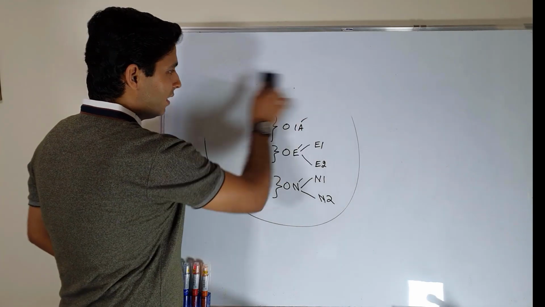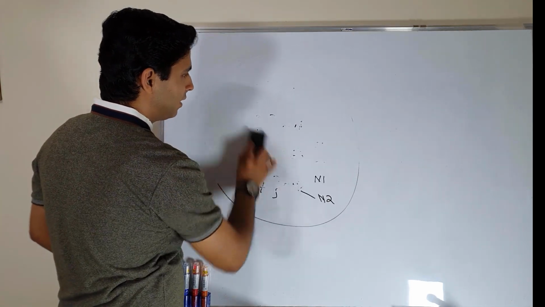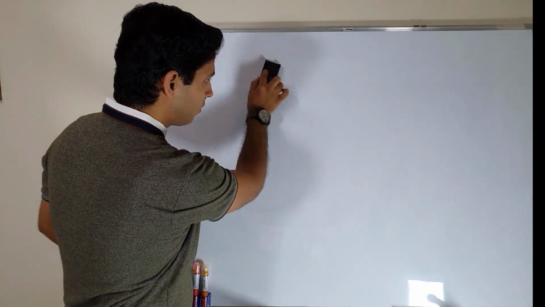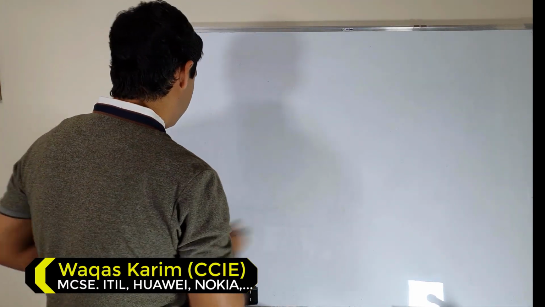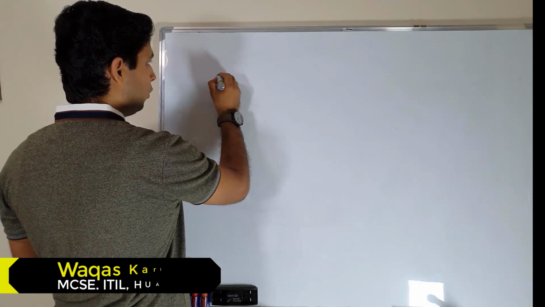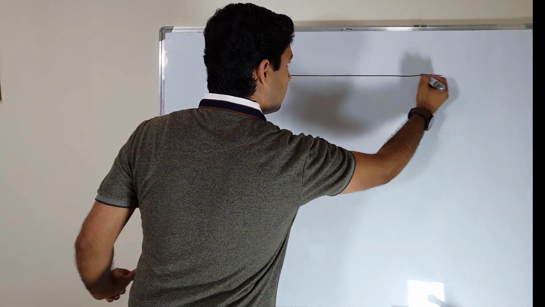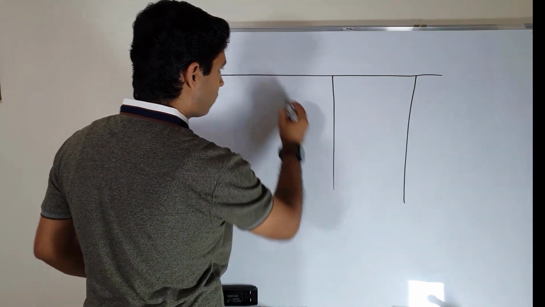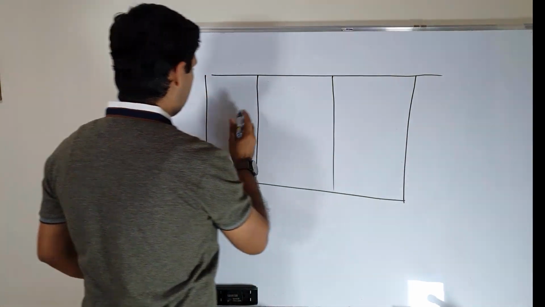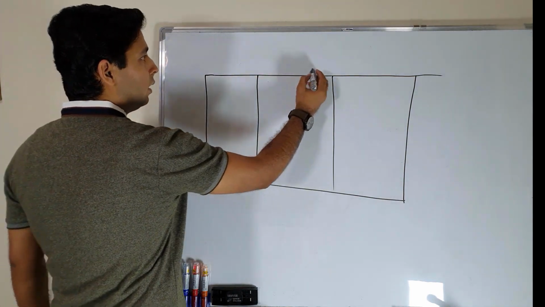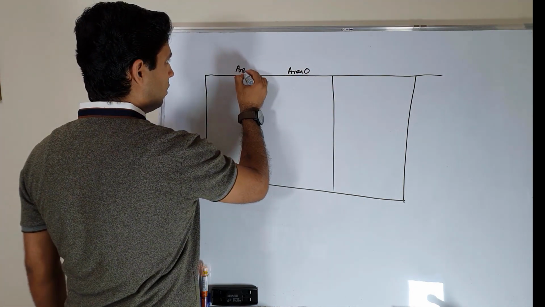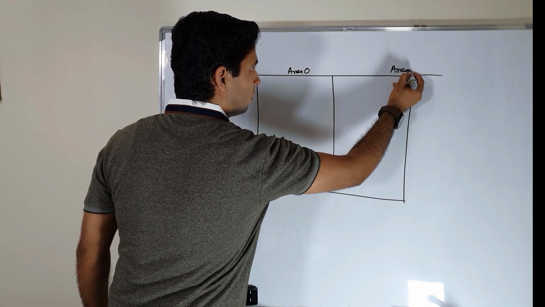Okay, so let's discuss these LSA types one by one with a simple topology. Let me draw the topology. So basically we have 3 areas. The central one we will call area 0, then we have area 1, area 2.